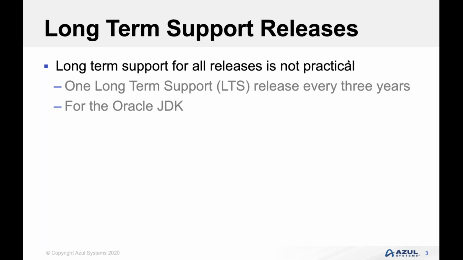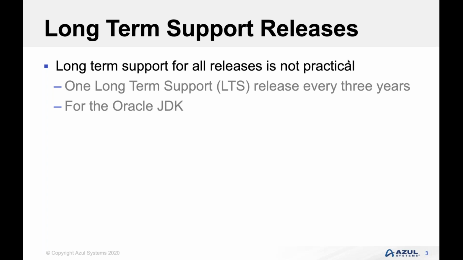Again, let's use JDK 8 as an example. When JDK 8 was released, there were updates to JDK 7 for over a year after that release, which gave people time to make the migration from JDK 7 to JDK 8. They didn't have to do it on day one. They didn't have to straight away use that new version. They could take over a year to make the migration from 7 to 8.